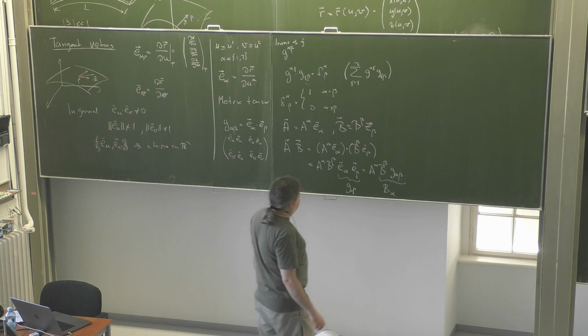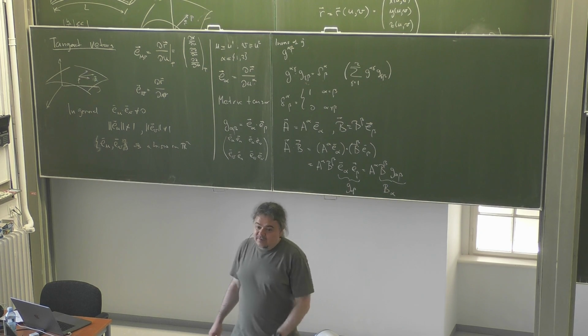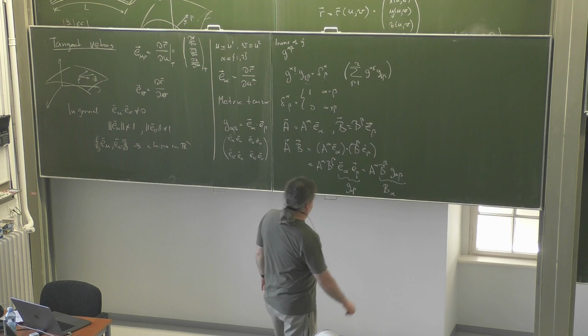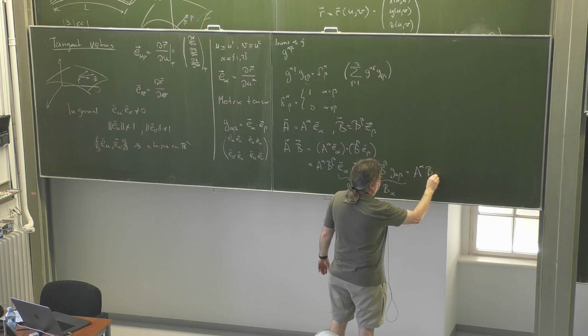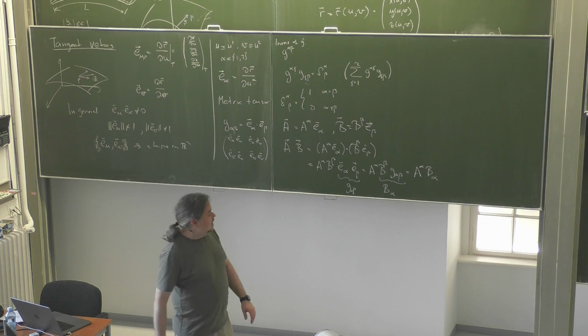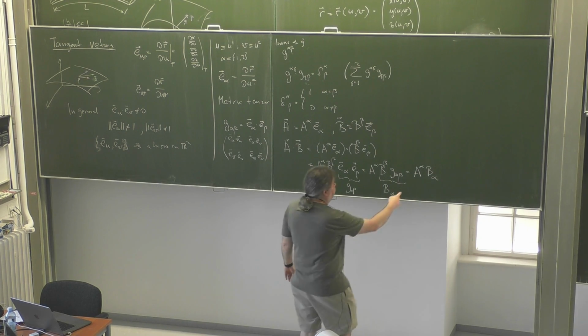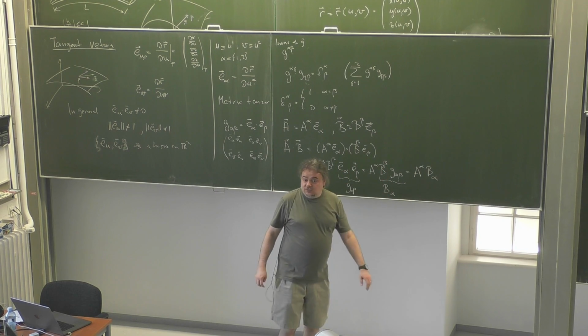In the old notation, this is called a covariant vector. In the modern notation, this is called a form, but we are not going to go into this, right? And then I get a very convenient expression which says this. But ultimately, if you want to calculate it, then you need to do this contraction in here.